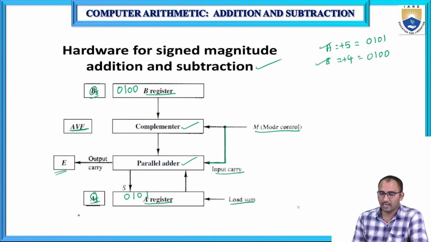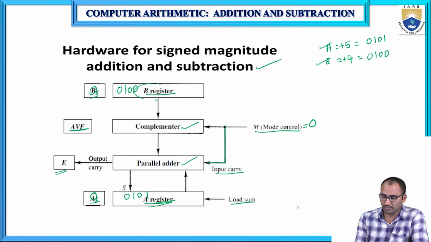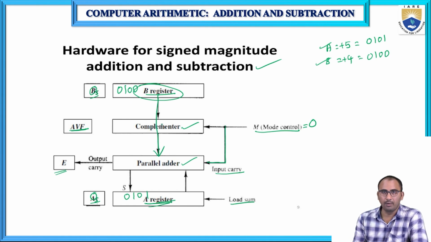Now we are performing addition. For addition, the mode control should be 0. If mode control is equal to 0, then the accumulator register data will be added with the contents of the B register. The B register is directly given to the parallel adder without complementing.